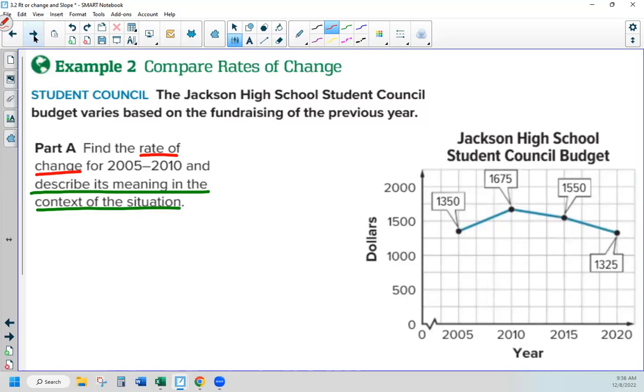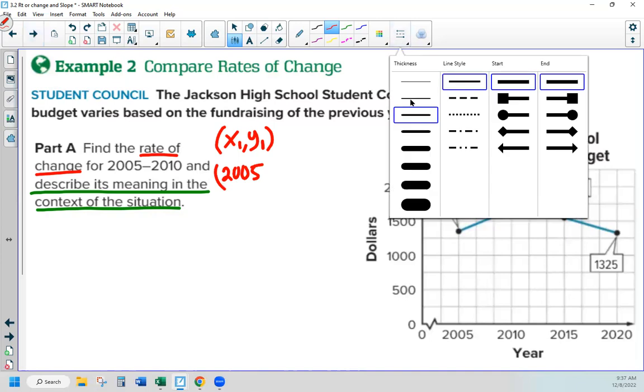So let's see, 2005 and 2010, we have an X value. So let me write my X1, Y1. I'll go ahead and choose my X1, Y1 to be 2005. Let me write a little bit thinner.